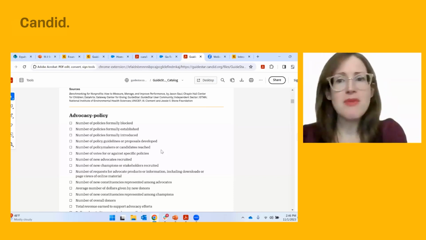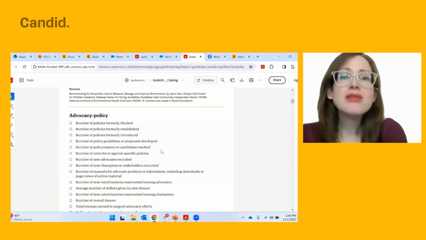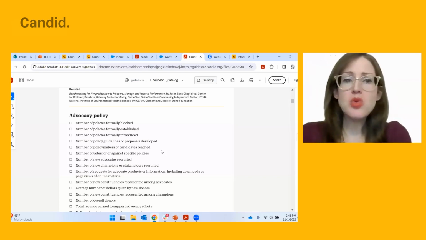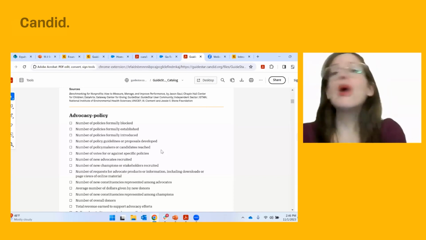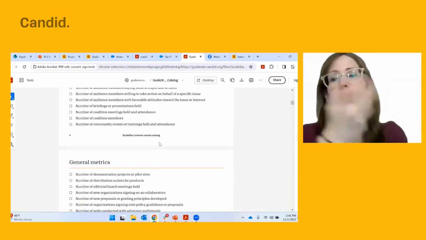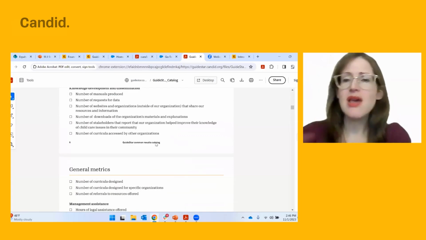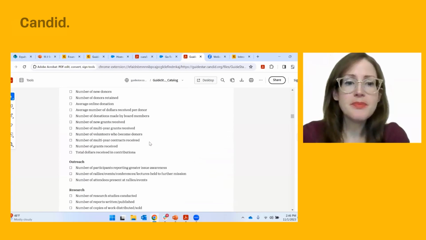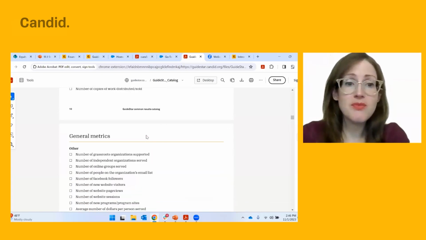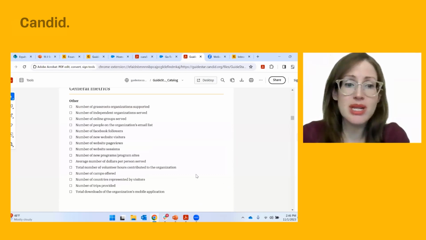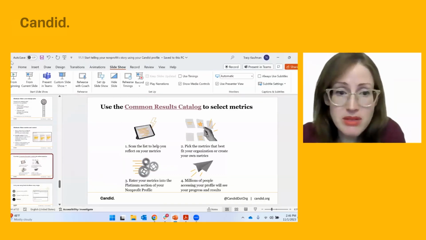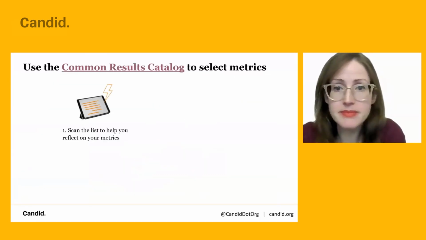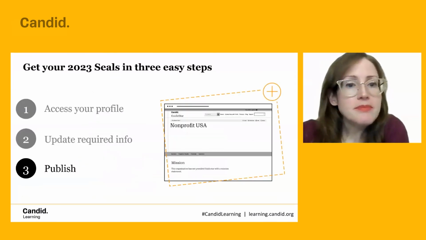Even if you're not messing with your Candid profile right now, but you're just trying to figure out metrics and potential outcomes that you want to track, and you need somewhere to look for ideas, you can just pull up this free resource, find a subject area that matches what you do, and get some good ideas that you might be able to put into action. And it'll be pretty free for you. Okay, so that's the Common Results Catalog.